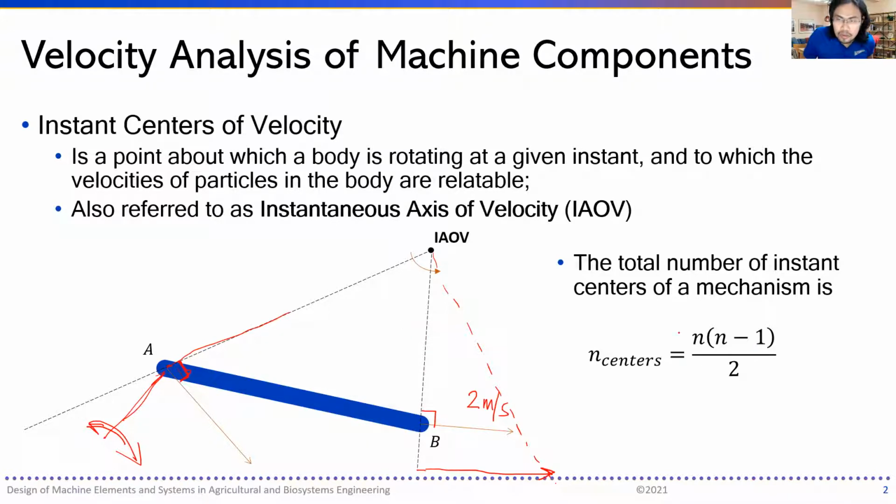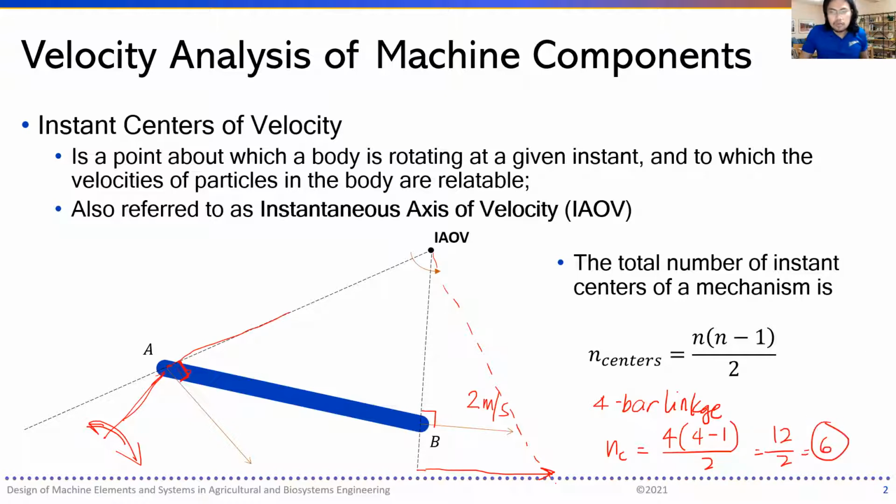So for example, a 4-bar linkage would have 4 times 4 minus 1 all over 2, which gives 12 over 2, which is 6. So there are 6 instantaneous axes of velocity.